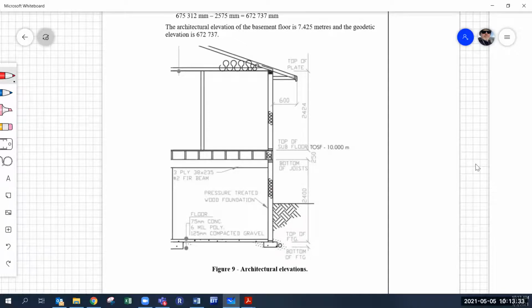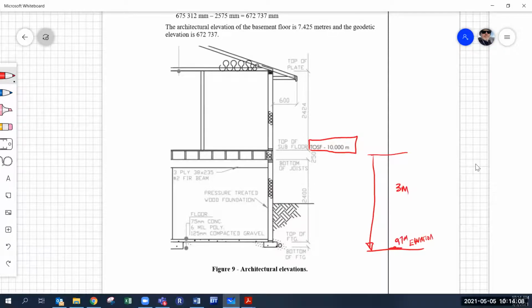So in this picture, as you can see right here, top of subfloor, they give you 10 meters. For bigger buildings, they would give an architectural elevation of probably 100 meters. So as we go down below grade, if I had 3 meters down from the top of subfloor, my elevation here would be 97 meters.